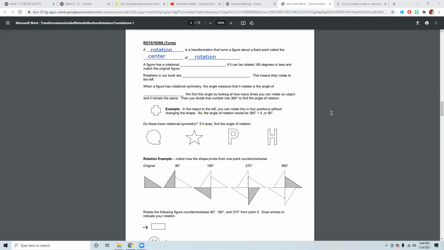So we're going to have our center of rotation. In 8th grade, your center of rotation is always going to be the origin. So that means that it's the center of the graph. So it's where 0, 0 is.